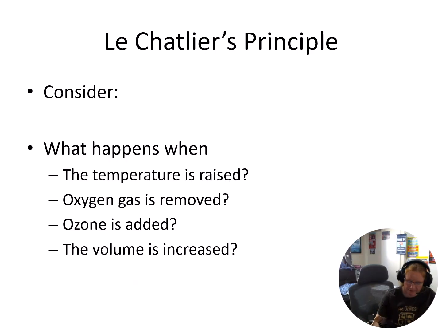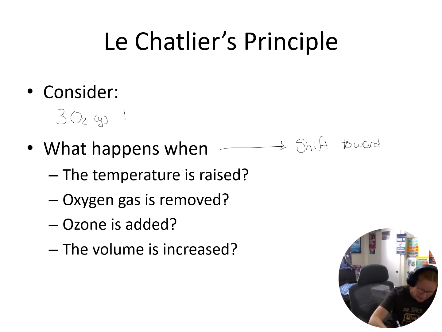All right, try another one. All right, so we'll figure out what direction we shift toward. And here I have an equation where I've got some oxygen gas and some heat giving me some ozone.